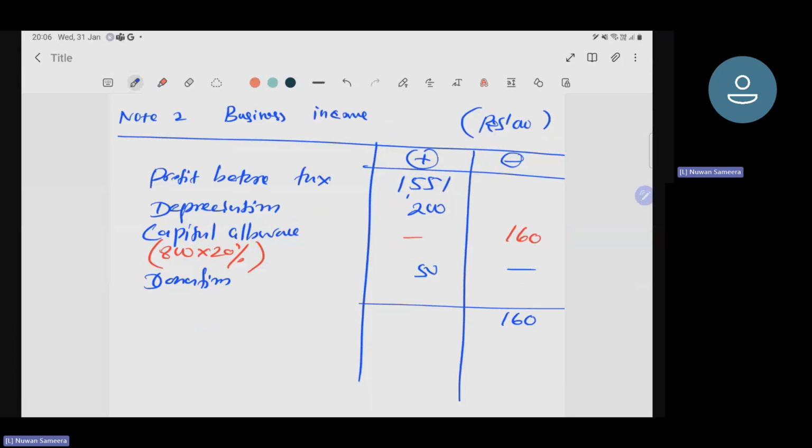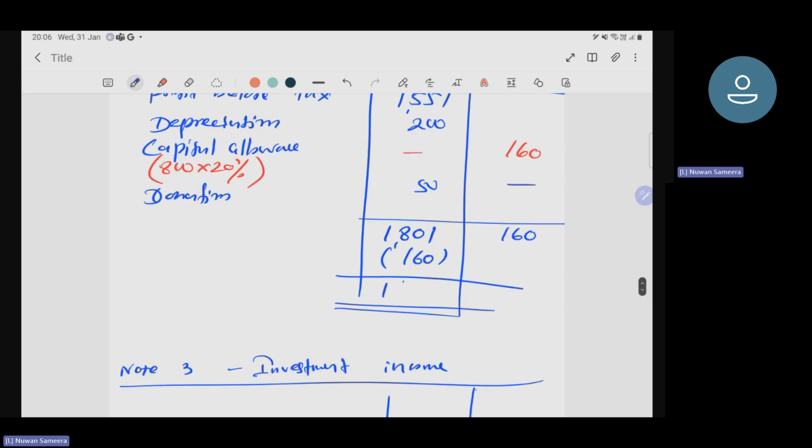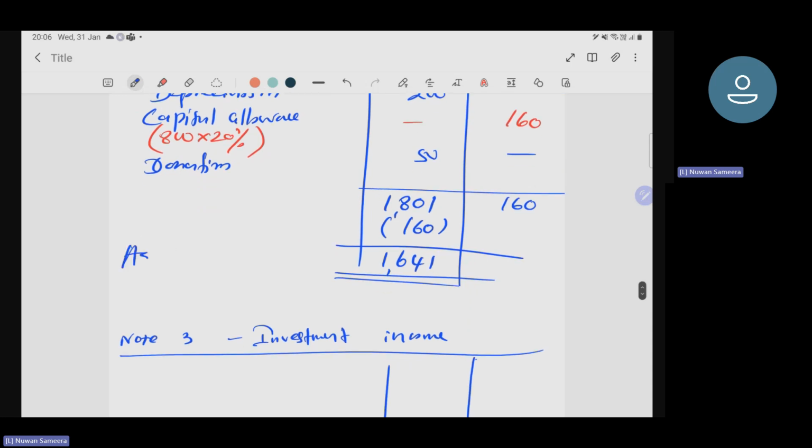Here total 1,801. So 1,641. So this is the assessable income from business.